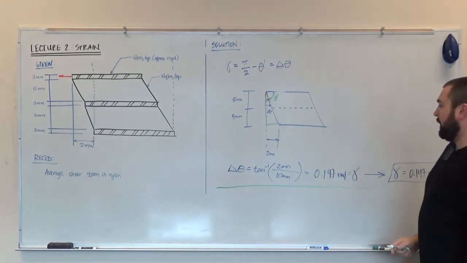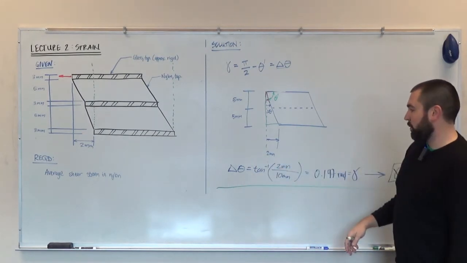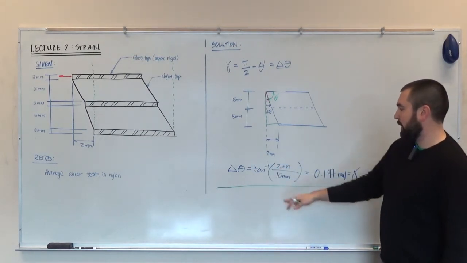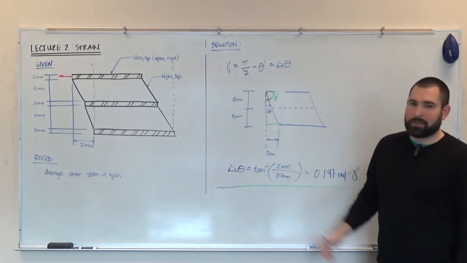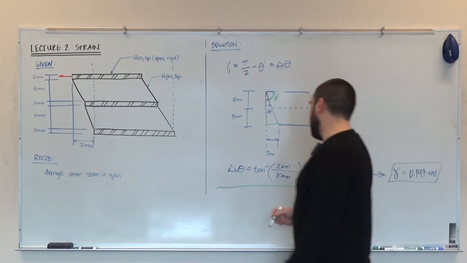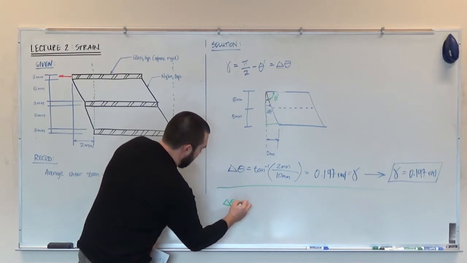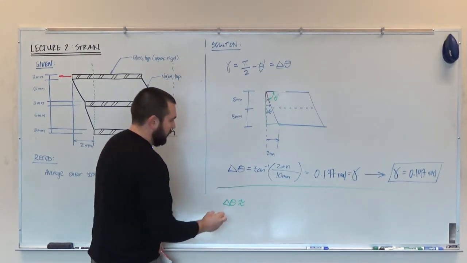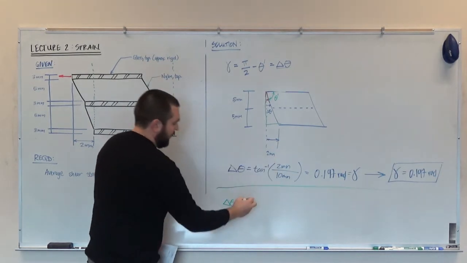for that angle. But with small angles, small values of theta in radians, or delta theta in radians, the angle itself is approximately equal to the tangent for small values of theta. So I could have also said that delta theta is simply approximately equal to the ratio of the sides themselves.